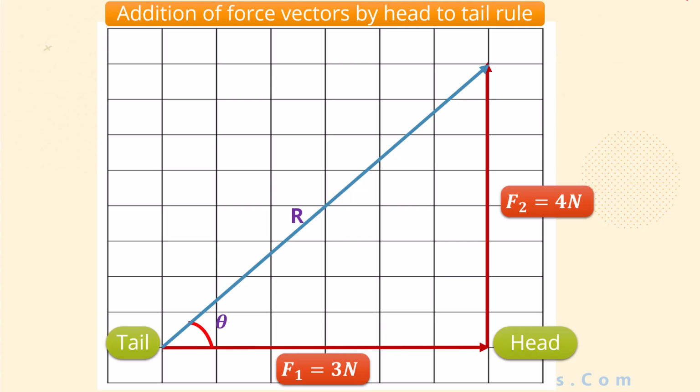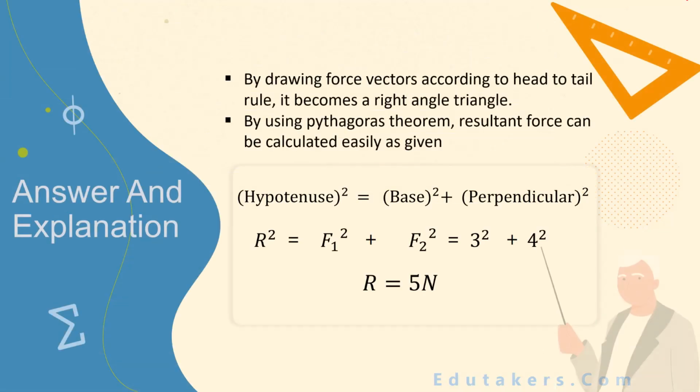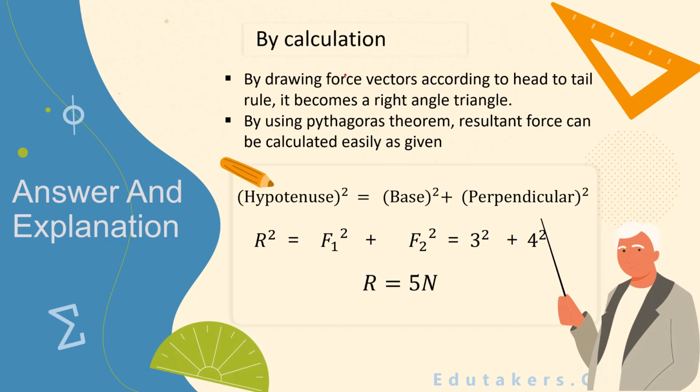Here you can see it's a right angle triangle. You can find out the resultant vector by using the Pythagoras theorem. So going back here, by drawing the force vectors according to the head to tail rule, it becomes a right angle triangle.